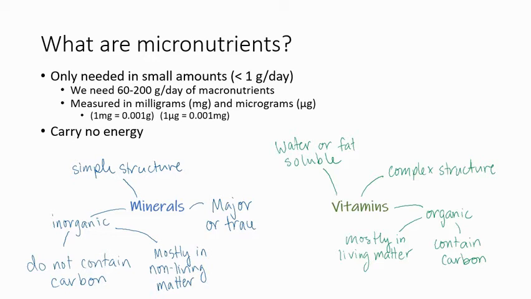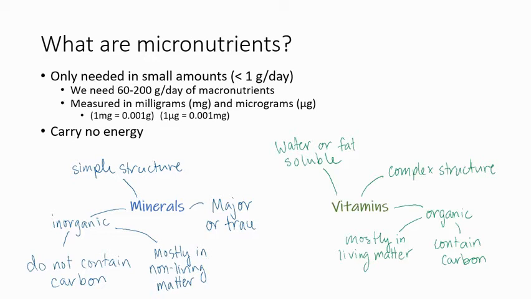Some are major, some are trace, just depending on the amount that we need on a day-to-day or weekly basis. These are all inorganic, meaning we don't derive them from living things. They don't have carbon, oxygen, hydrogen in them. Essentially, they don't have carbon. And mostly are coming, again, from non-living matter.